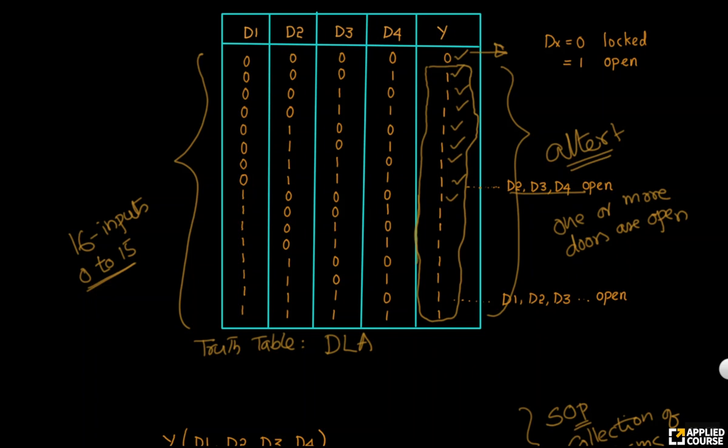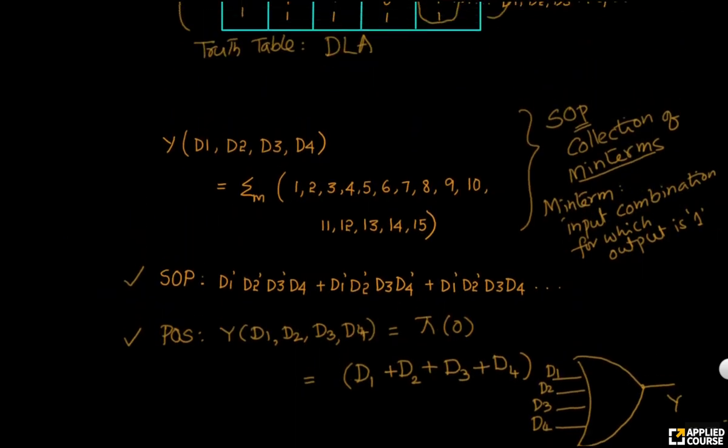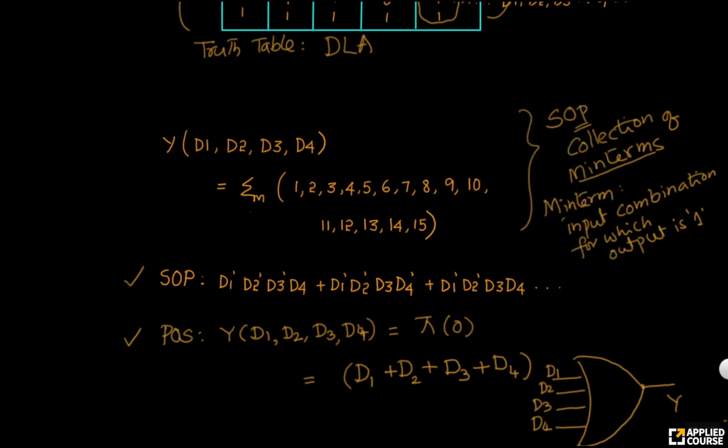So obviously it is written as sigma m, where m stands for min terms. And what are the input combinations? 1, 2, 3, 4, 5, 6, 7, 8, 9, 10, 11, 12, 13, 14, 15. So 15 combinations are representing the min terms.